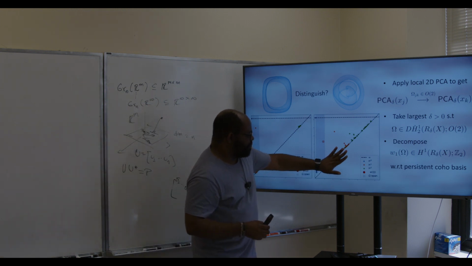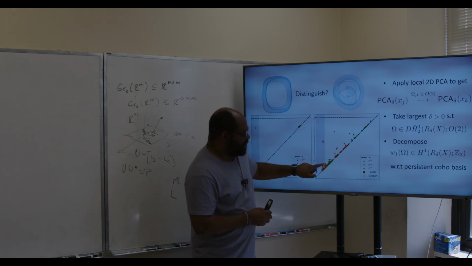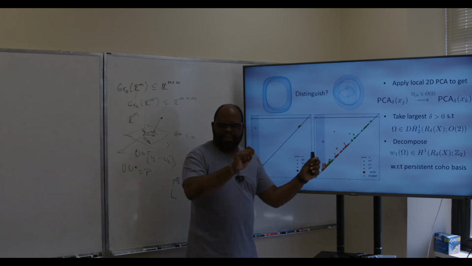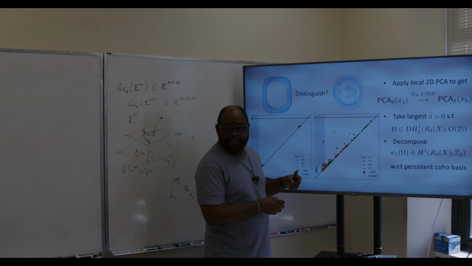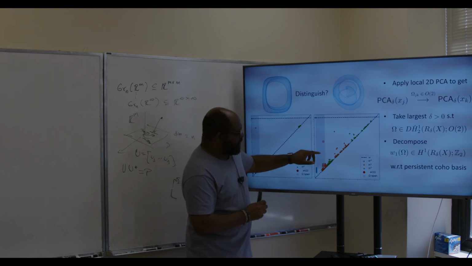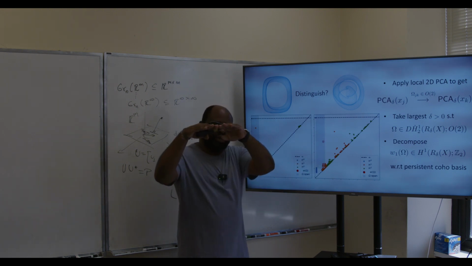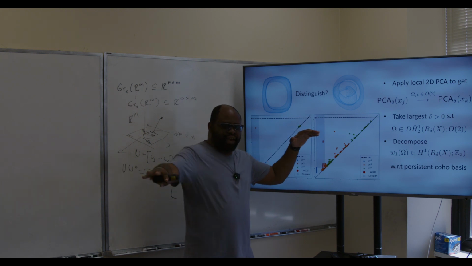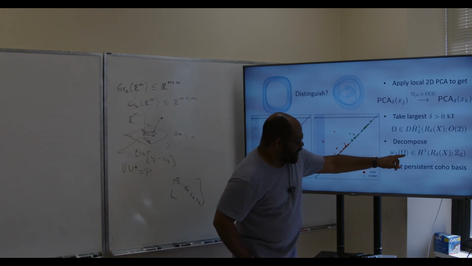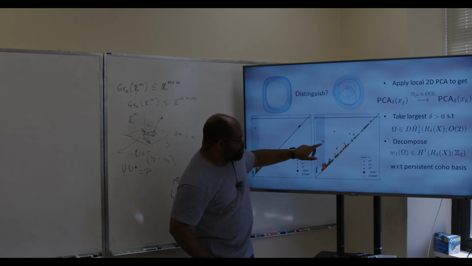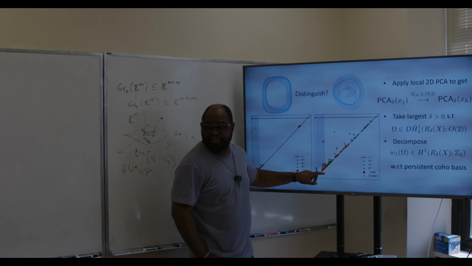Let's start here. Remember that every dot in here is one of these bars in the barcode, right? I'm just plotting the endpoints instead of the bar. Second thing, remember that each one of those bars represents a choice of bases that is consistent across scale. So what I'm saying here is that omega 1 is the linear combination of this basis element and then these other basis elements.